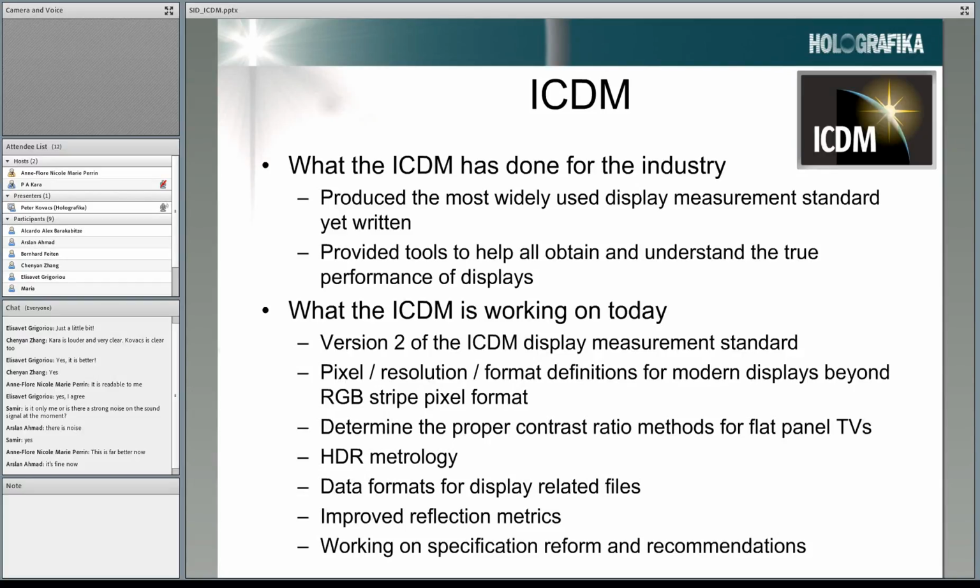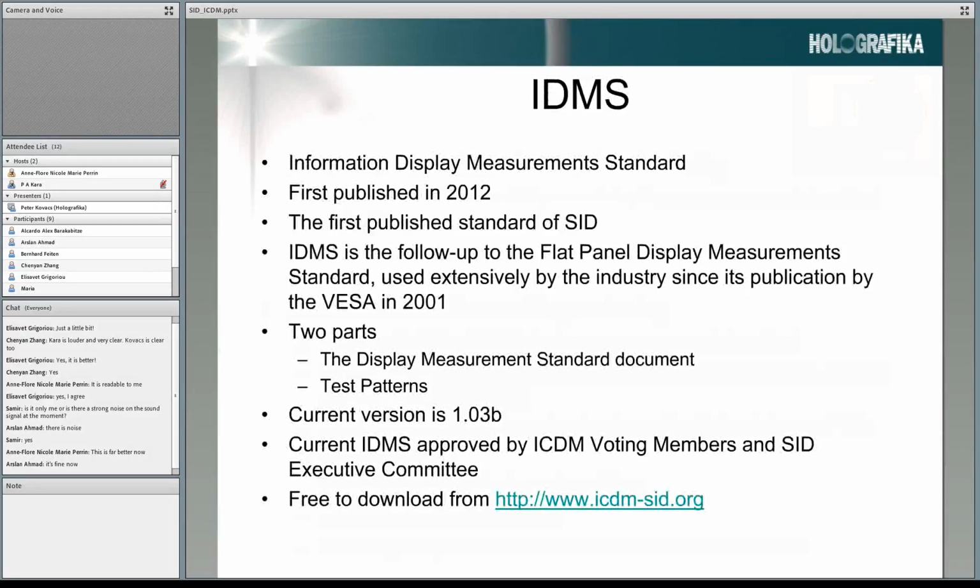There are some issues about data formats related to displays which should be unified as well. They are also working on improving the metrics describing the reflections of displays, as well as working on reforming the specification sheets and giving recommendations for the industry, which is something that I'm going to talk about later.